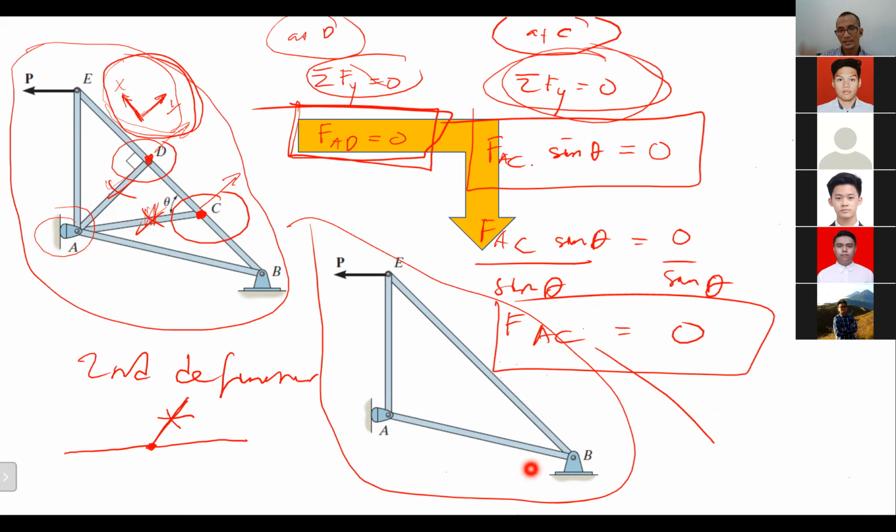Okay, a free joint, but with three members. If it's like that, it depends on which point we observe. If you observe point D, then AD will be zero force.